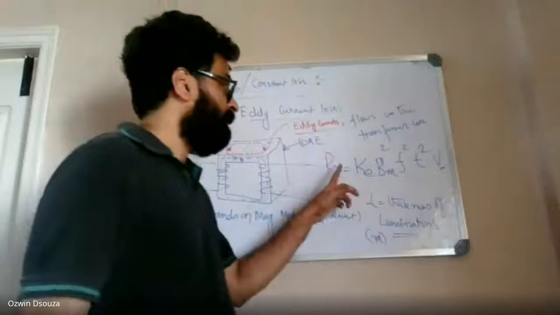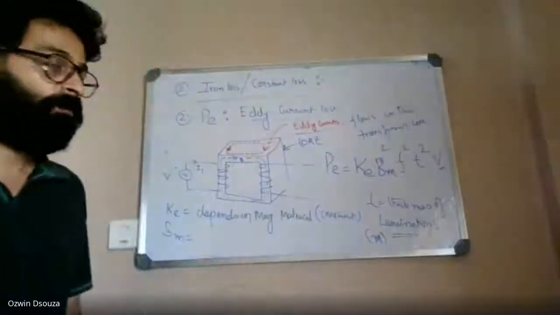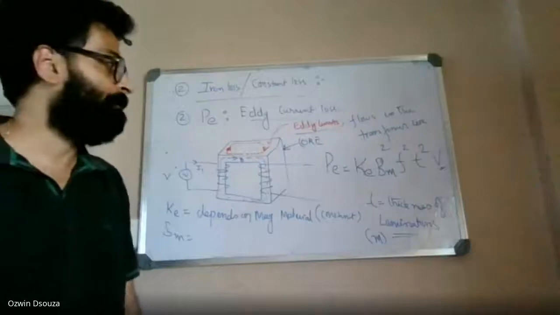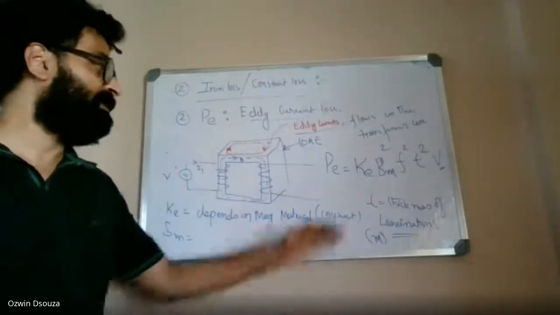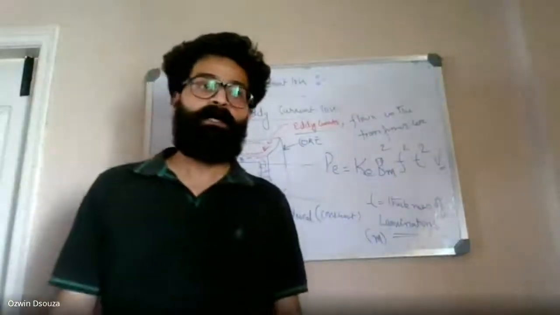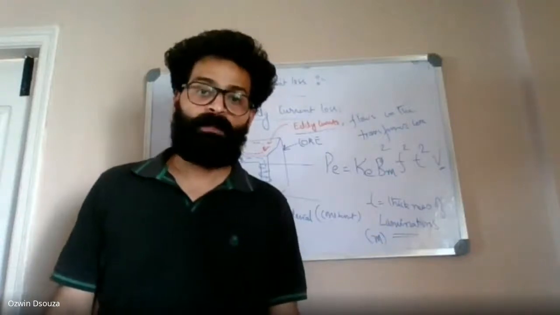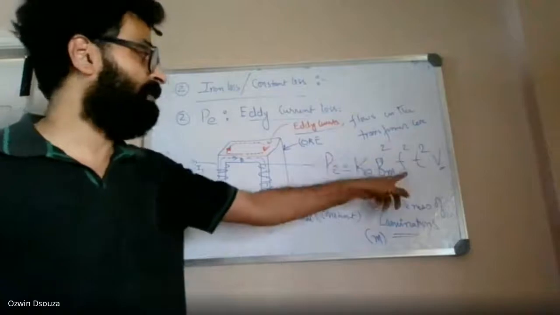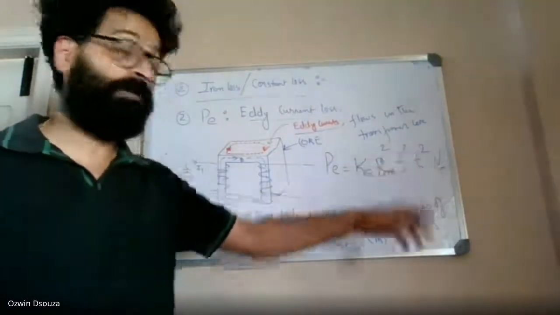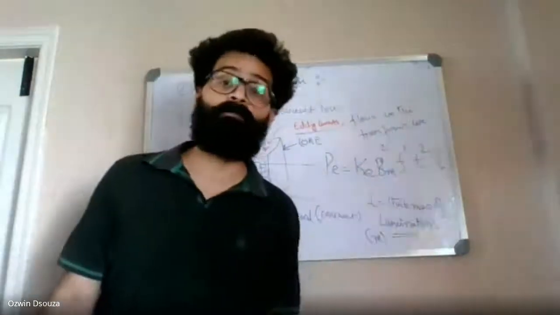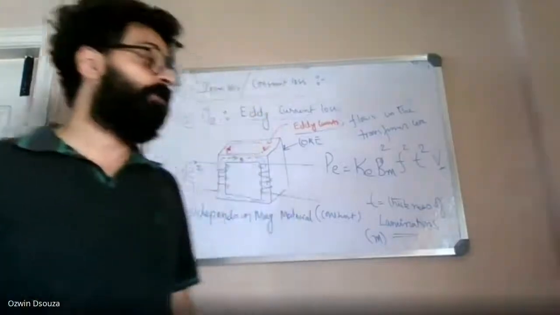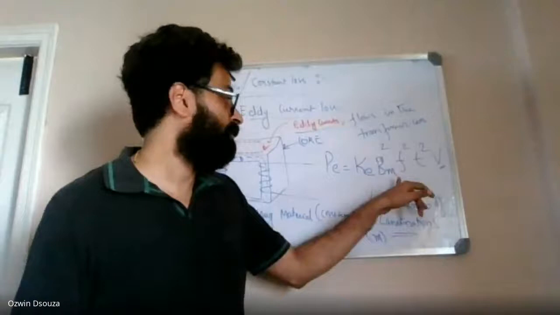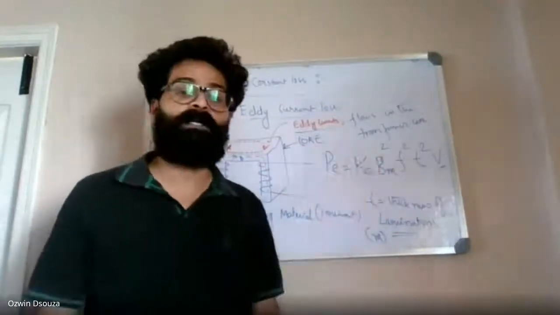Now, in this equation, you can observe that there is no current term, right? That is the reason even eddy current loss is independent of load current. And just like your hysteresis loss, your eddy current loss is again proportional to frequency. In fact, it is proportional to the square of the operating frequency. So if you were to generate power at higher frequency, you should be ready for higher eddy current losses.